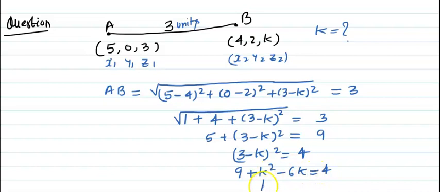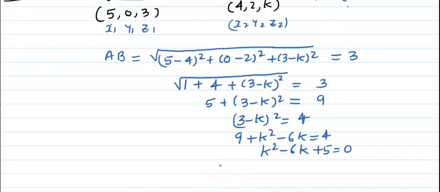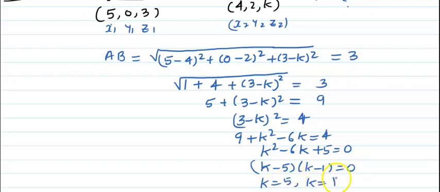It means we can write this as k square minus 6k plus 5 equal to 0. Okay, so if we factorize it, its factors will be k minus 5 and k minus 1 equal to 0. It means we got k equal to 5 and k equal to 1.